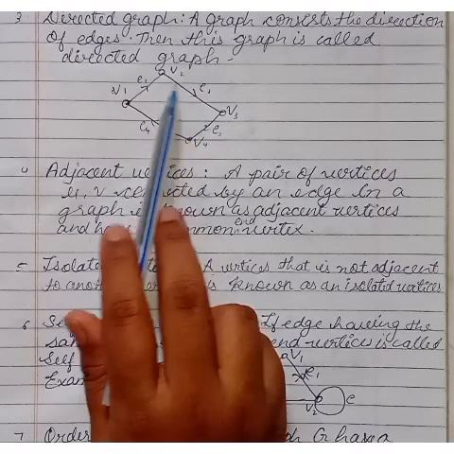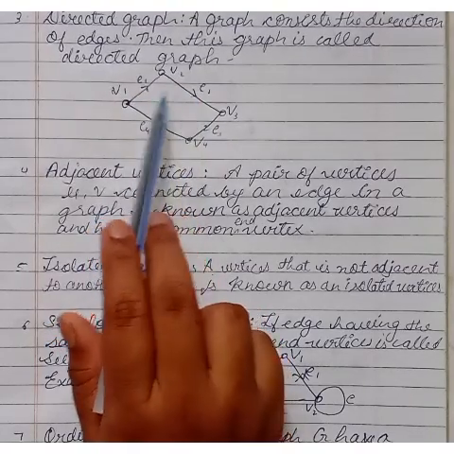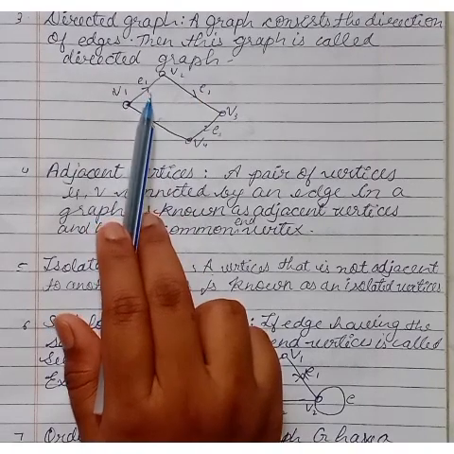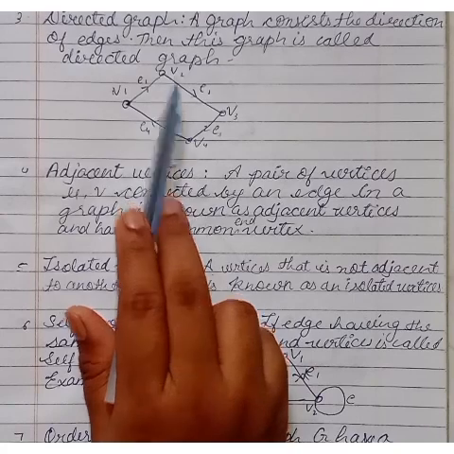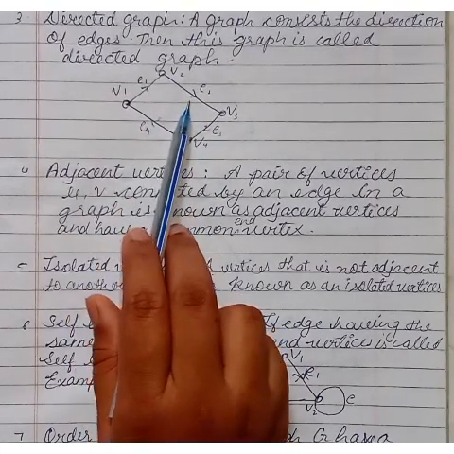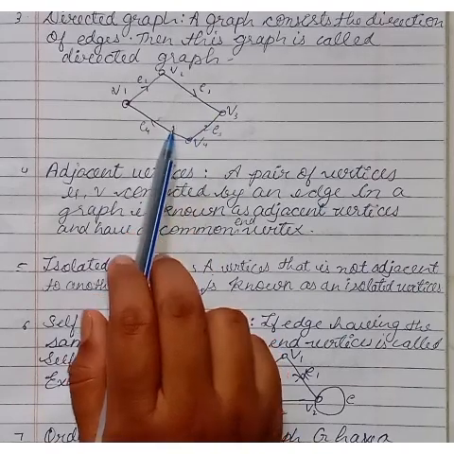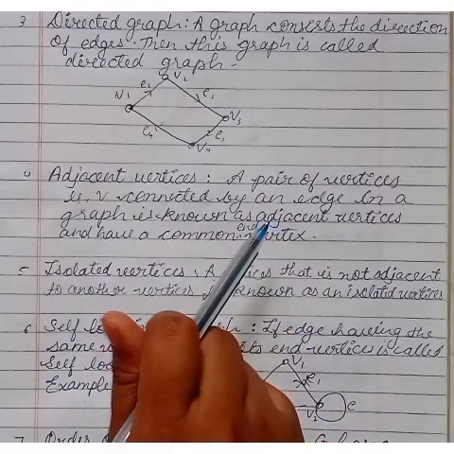So in this graph the direction of edges is given. The direction of E1 is towards vertex V2, and so on. So this type of graph is called a directed graph.